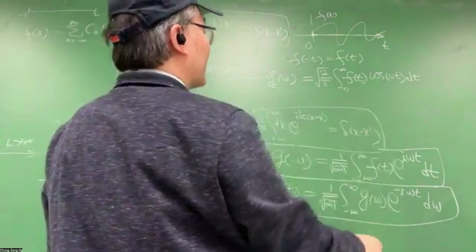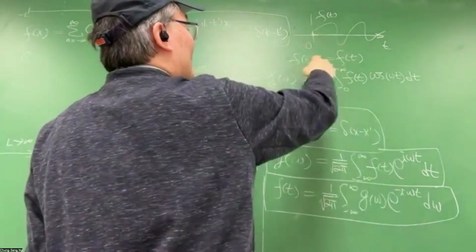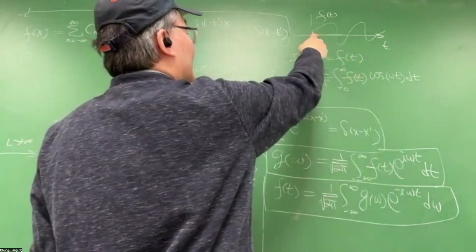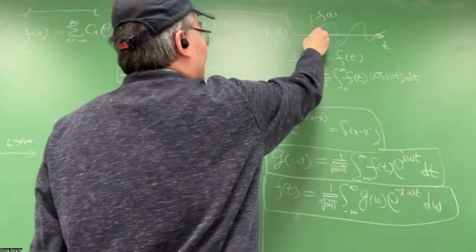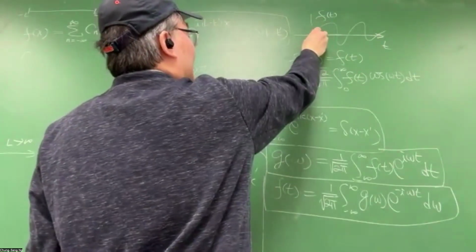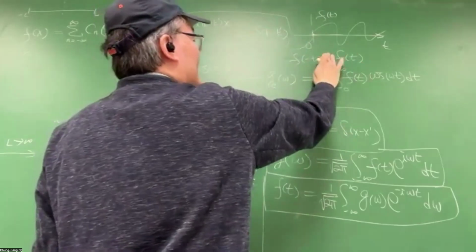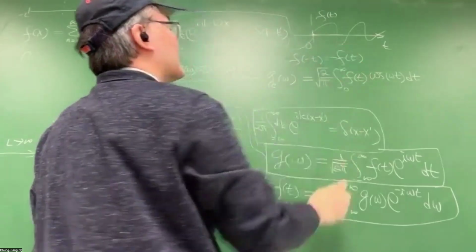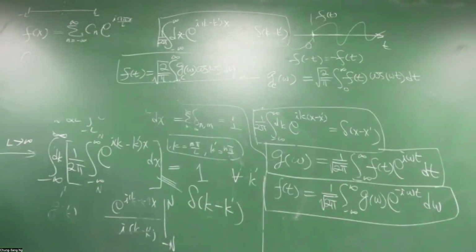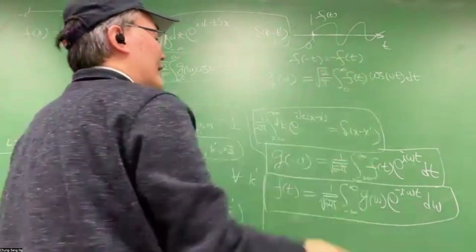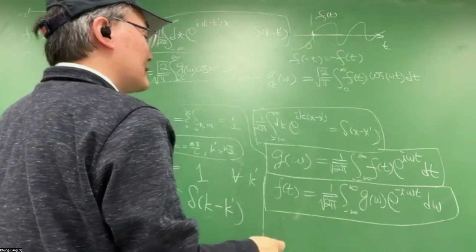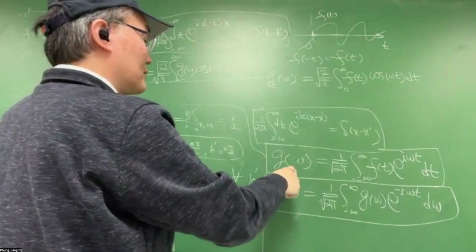Now another option, of course, instead of going symmetric, you can go anti-symmetric. Now you just extend your f of t over the negative side by defining a negative function, f of negative t equals minus f of t. And now you could do the same thing with the Fourier transform.